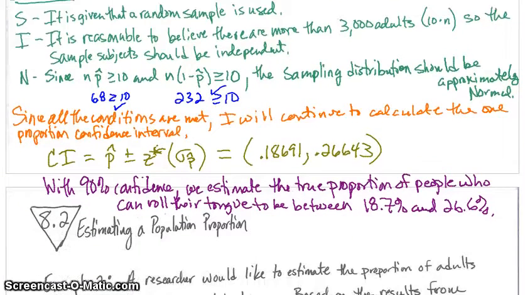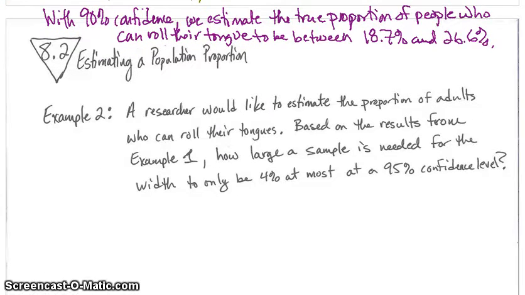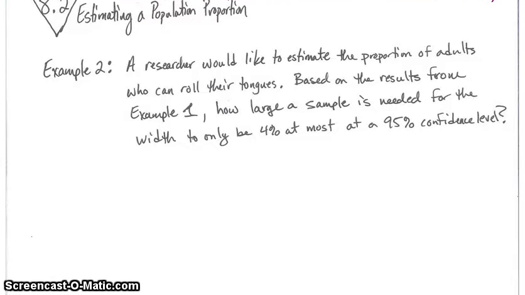Now, as a continuation, what could I also ask you about? Right here, example 2. What if I wanted to estimate the proportion of adults who can roll their tongues? Based on the results from example 1, how large a sample is needed for me to actually have my width be only 4% at most at the 95% confidence level?